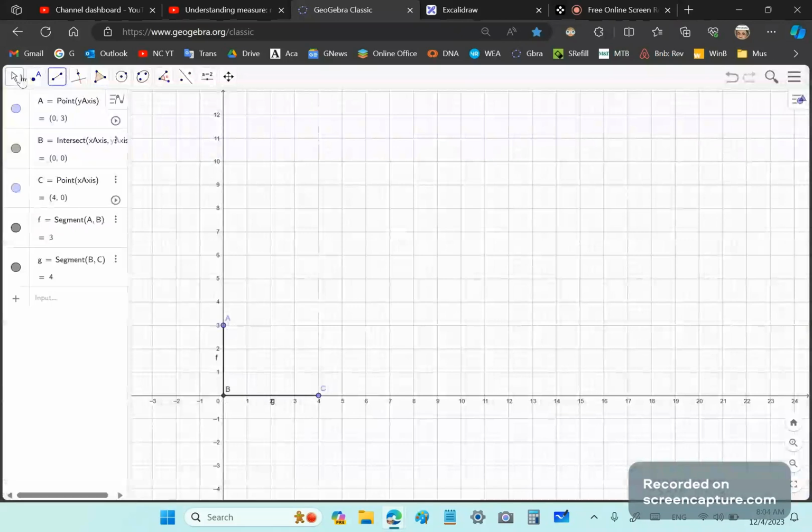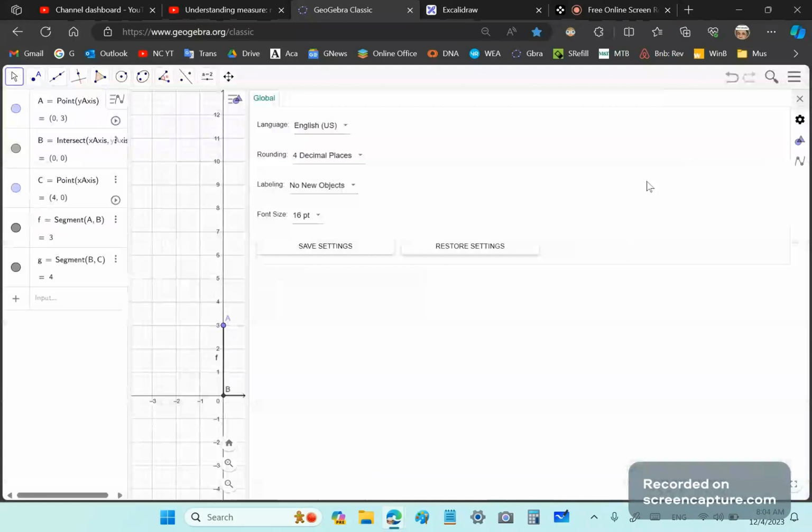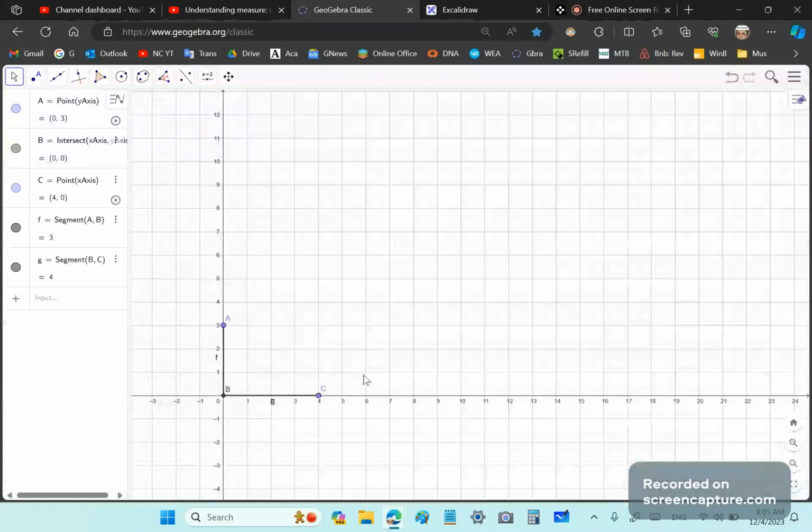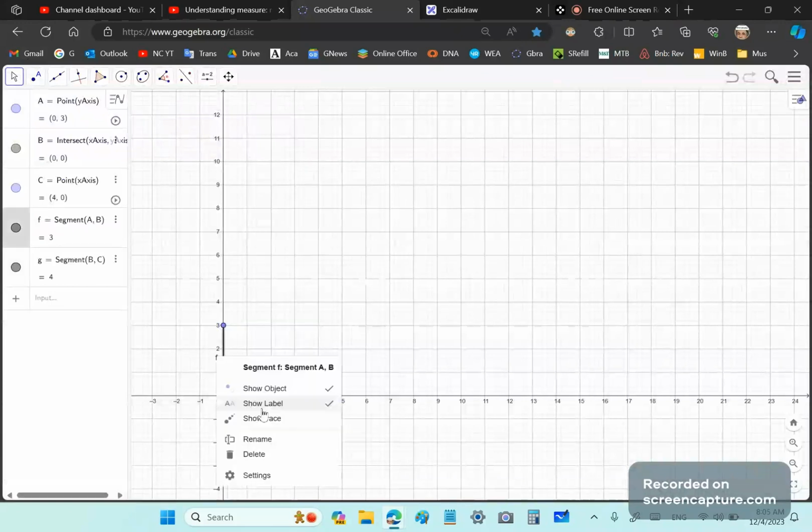Actually, I said I don't want naming objects. Didn't I say no new objects? So why is it naming them? That's weird. It's odd that it's giving them labels because I didn't ask it to. No labels. Okay. I'm taking a little bit of time, but bear with me.